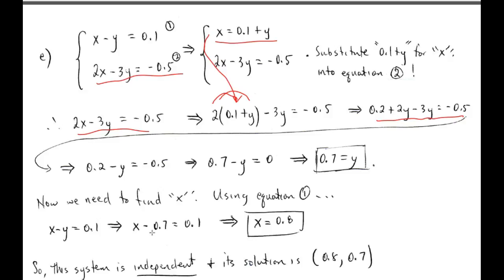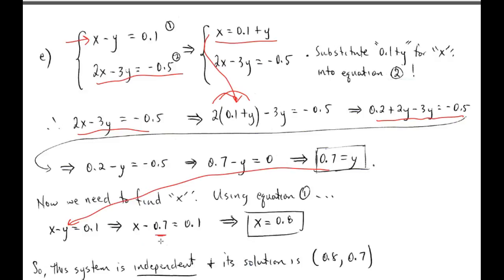Then after that, we take our 0.7 and plug it into one of our original equations, and of course our first one would probably be the easier one to do. We plug it in for y, and we solve for x, and we see that we get 0.8.